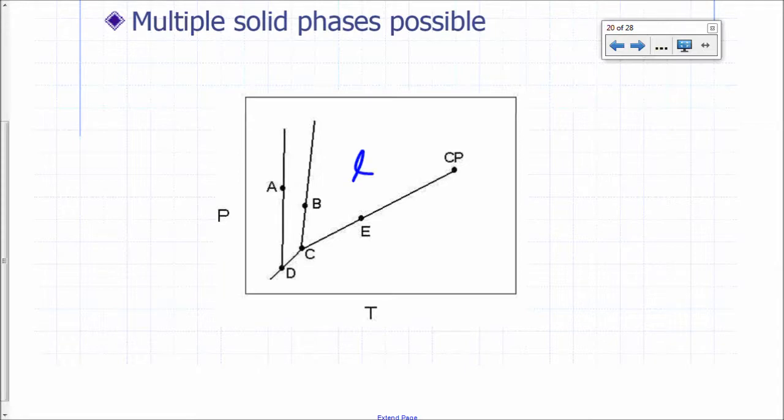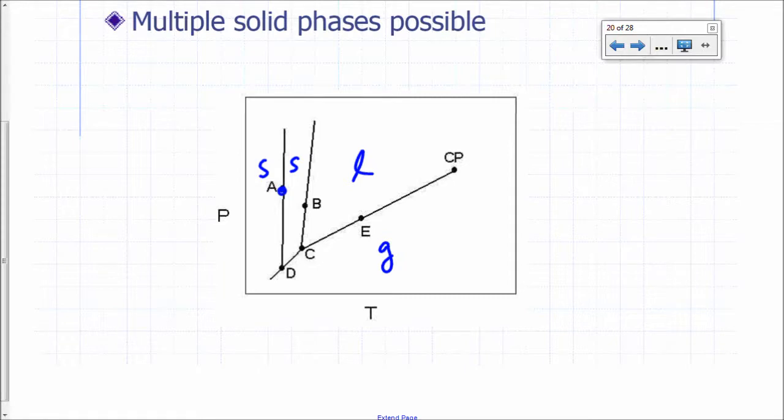This is the liquid region, this is the gaseous region, this is the solid region, and that's another solid region right there. Point A right here would represent a coexistence curve, the condition where you have two solid phases of your substance at equilibrium.